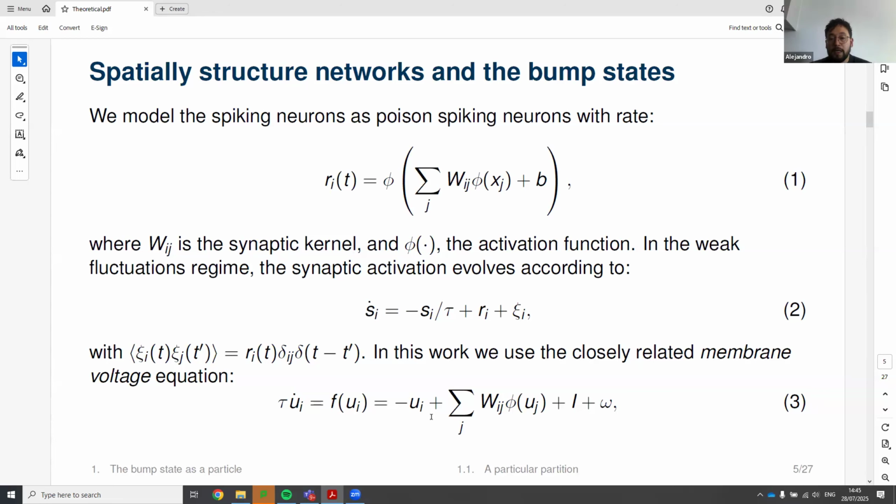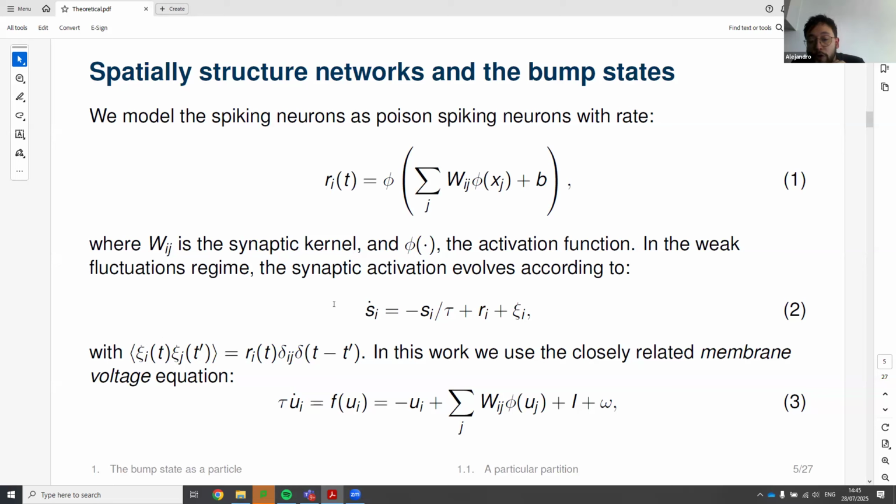In the weak fluctuation regime, so when you have not a lot of fluctuations in the environment and the mean kind of represents the state of the network, it's a known result that you can model the changes in the synaptic activation as a low-pass filter, first order equation, plus some sort of integration that comes from the firing rate, plus the fluctuations, which will be small and will be uncorrelated in space and time.